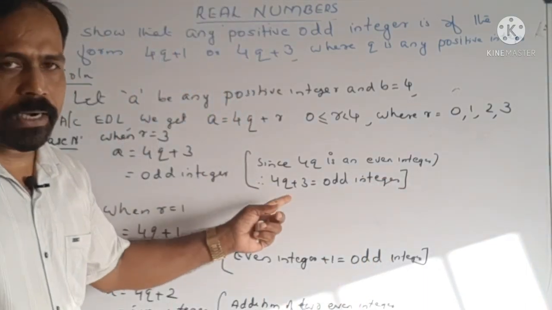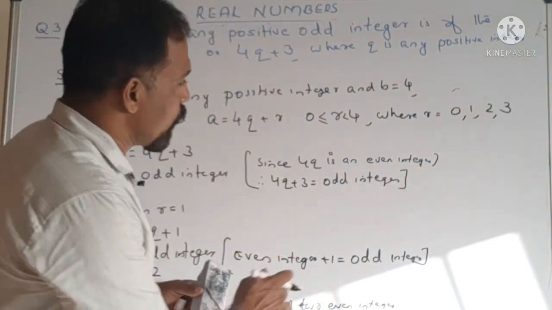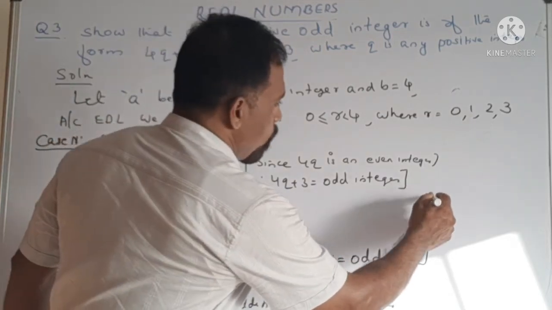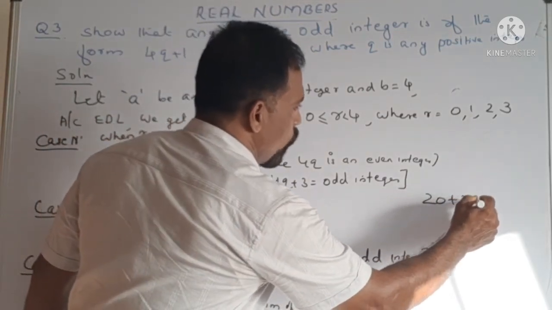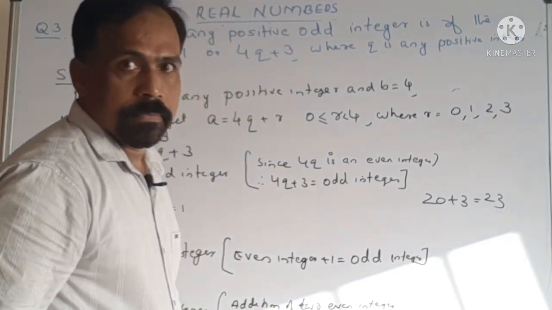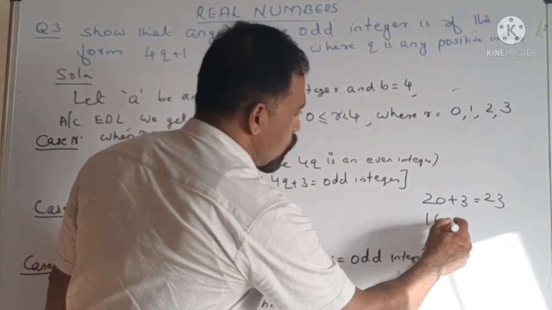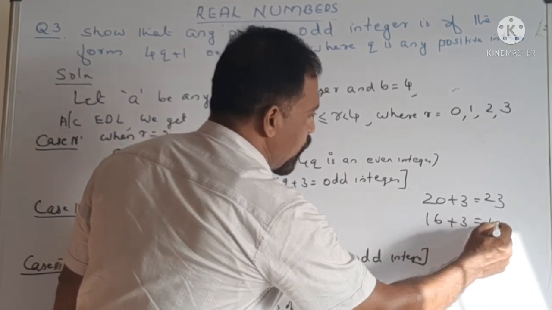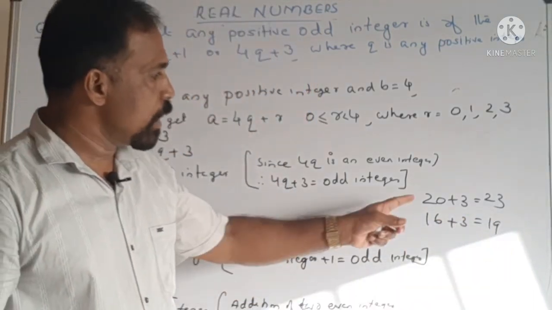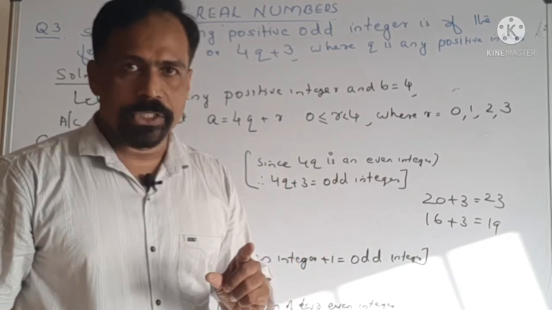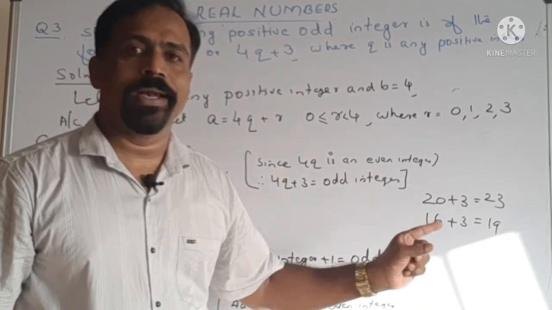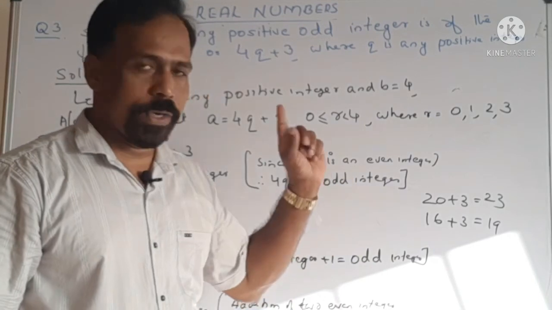Take an example: 20 plus 3 gives 23, and 16 plus 3 gives 19. If you add an odd integer to an even integer, you will definitely get an odd integer.